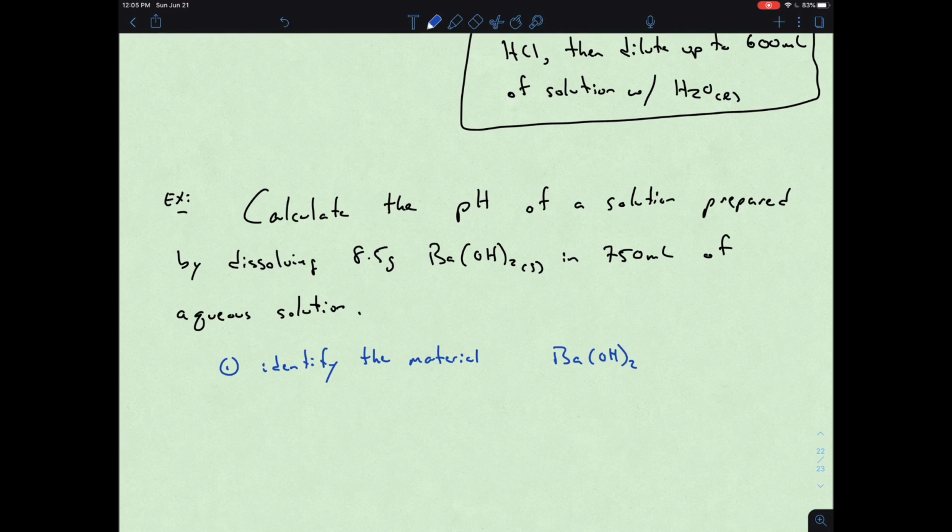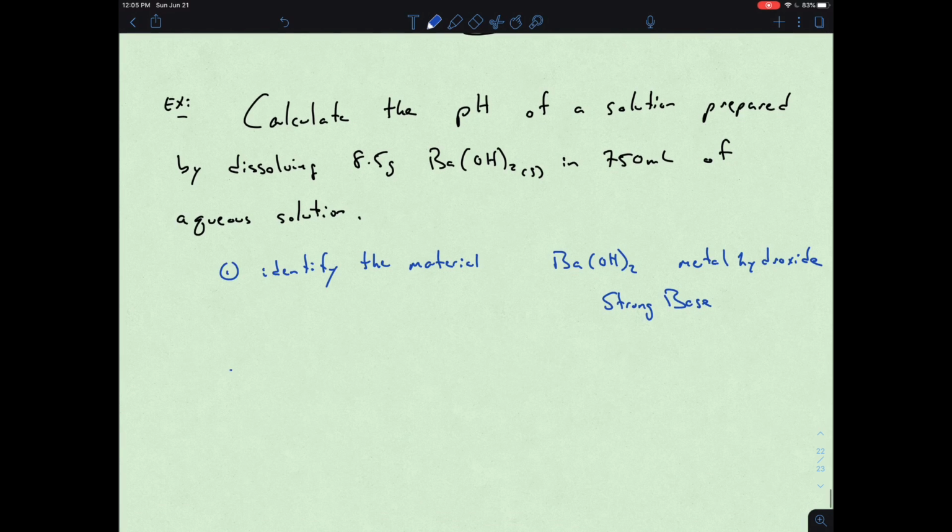This is one of our examples of a metal hydroxide, and this is an example of a strong base. That allows us to then write the reaction, and so really what we're looking at is just that simple dissociation, right?